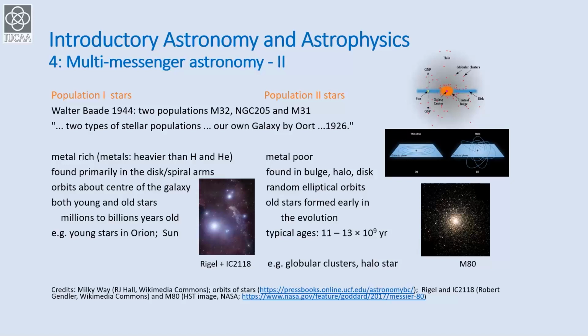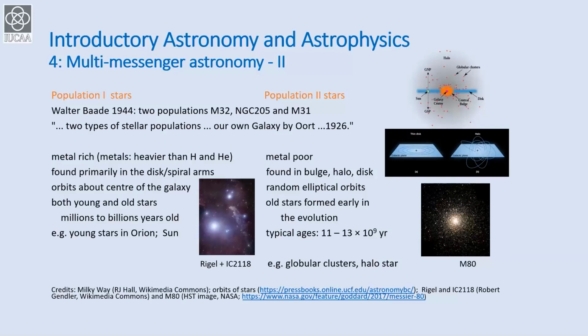Whereas metal poor stars are those which are poorer in metals by a factor of 10 to 100, it could even be parts less than that compared to the population 1 stars. So these population 2 stars are characterized by being metal poor. They're found in the bulge, halo, as well as the disk of the galaxy.